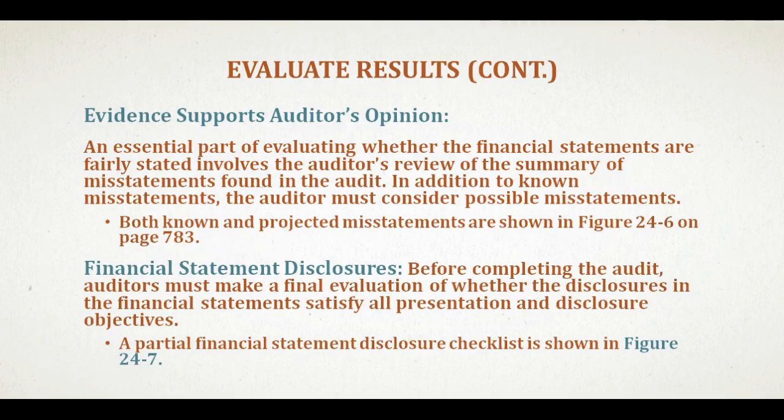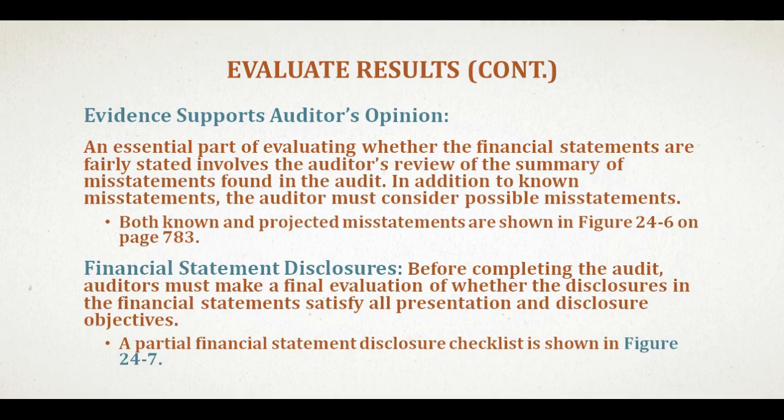An essential part of evaluating whether the financial statements are fairly stated involves the auditor's review of the summary of misstatements found in the audit. In addition to known misstatements, the auditor must consider possible misstatements as well. Both known and projected misstatements are shown in Figure 24-6 on page 783 of your textbook.